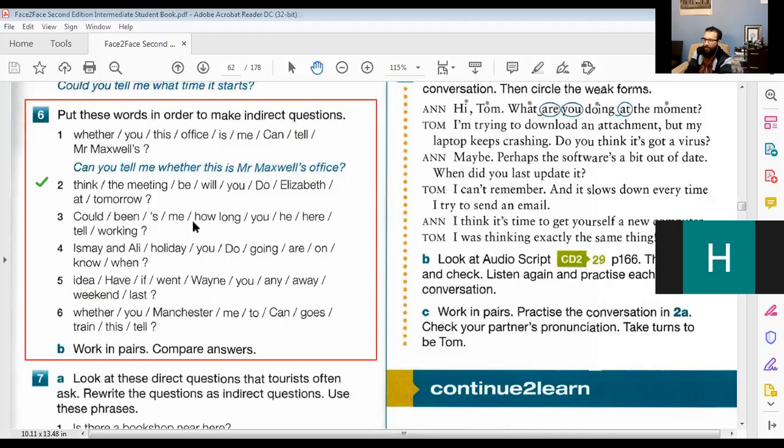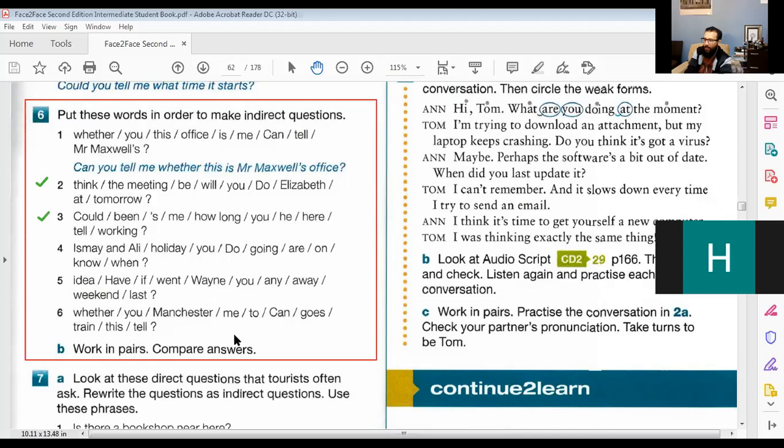Correct. But how do we say "he has" when we contract it? The order is correct. I'm just asking about the pronunciation. He's. Okay, so can you do it from the beginning? Could you tell me how long he's been working here? That's it.